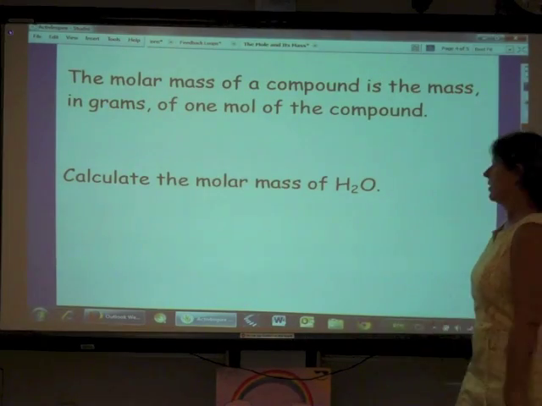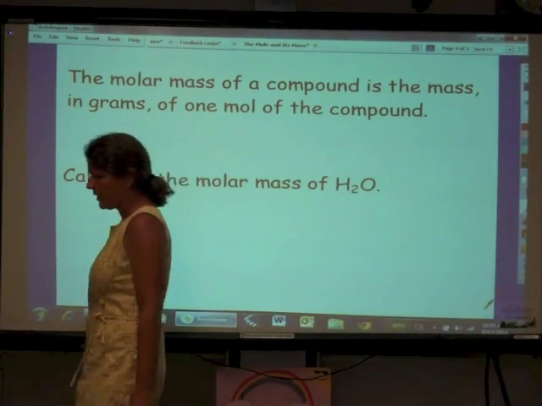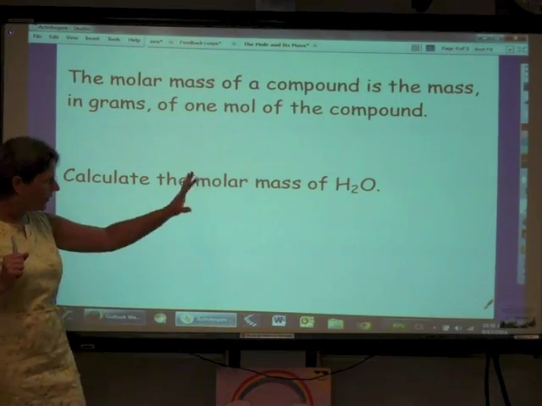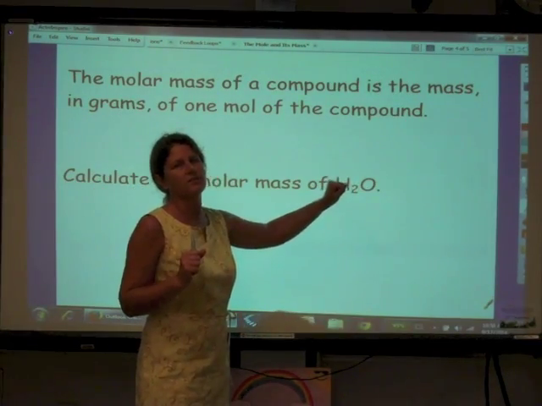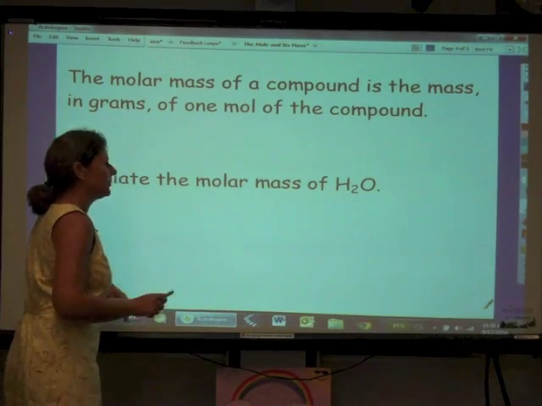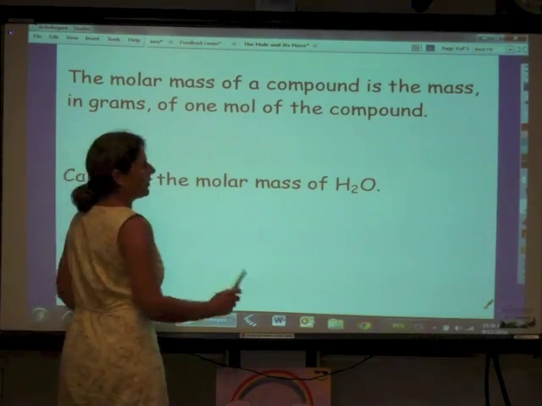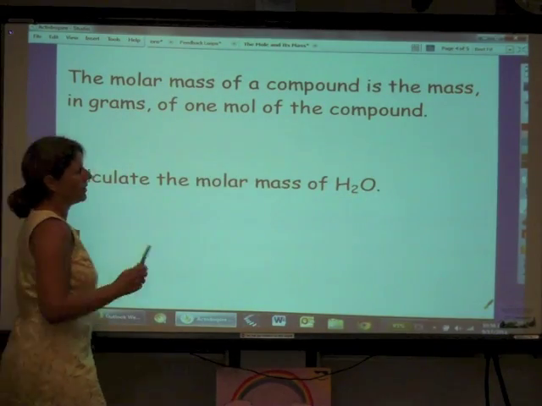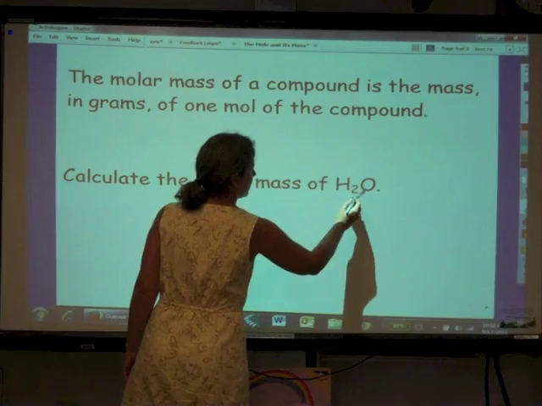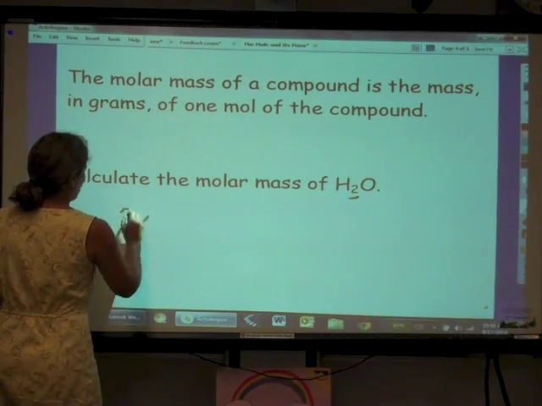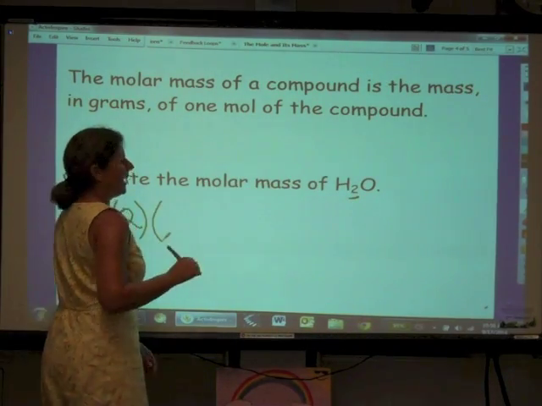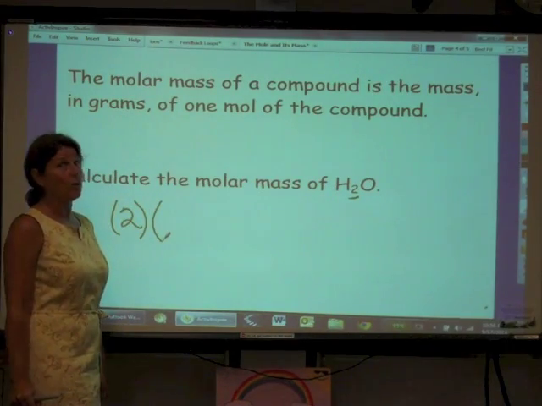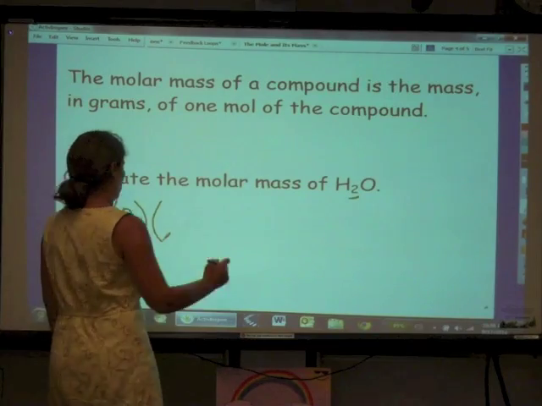It's molar mass. Okay, and so what we do basically is we take the molar mass of all the individual constituents and then we add them together. So in this case, we've got 2 hydrogens and an oxygen. So we're going to say, okay, if we've got 2, and the molar mass of hydrogen, if I go to my periodic table, is 1.01 grams per mole.